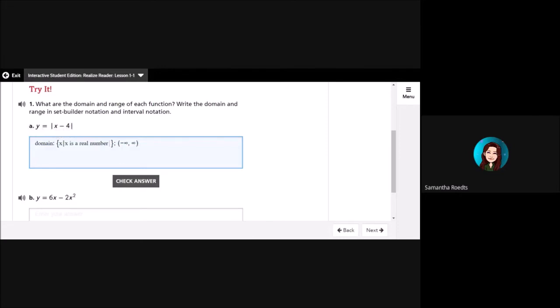So y is always going to be positive. My range is y greater than or equal to 0 or bracket 0 infinity.